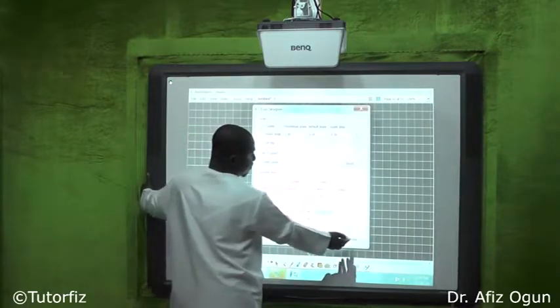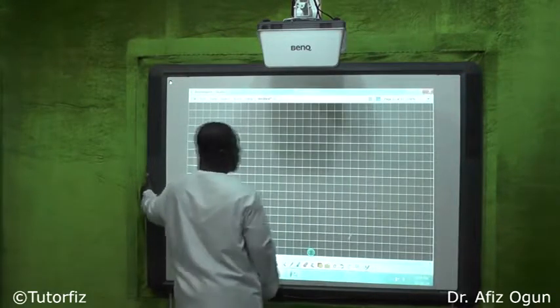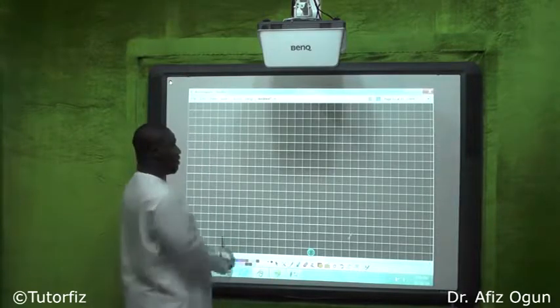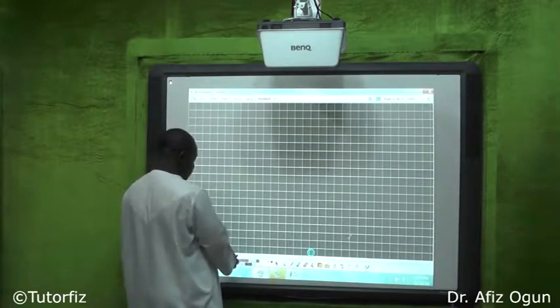If the body is moving backward, what do we see?